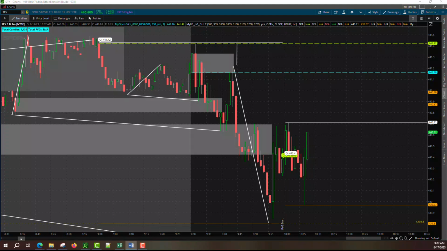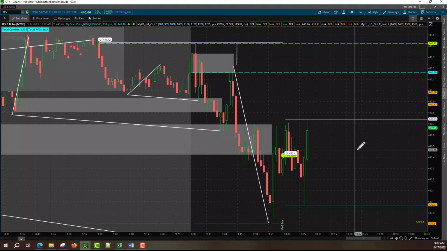Yes, so liquidity. Yeah, this candle is very important.